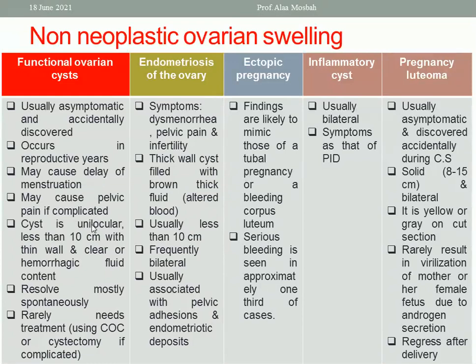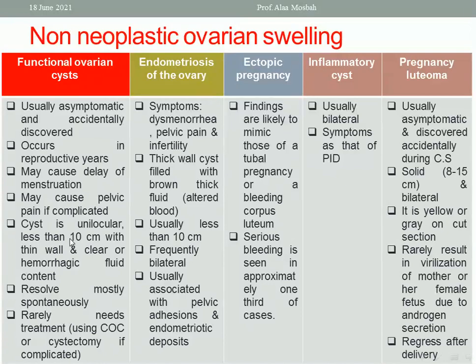It may cause pelvic pain if complicated by hemorrhage, torsion, or rupture. Cysts are usually less than 10 centimeters and contain clear watery fluid with a thin wall. Most of the functional cysts resolve spontaneously.